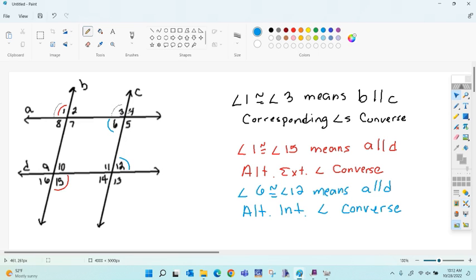So if this is the transversal and these are the lines, then it's inside for those lines. So it can be interior for some things and exterior for another. So it's important to look at the pair of them to figure that out.